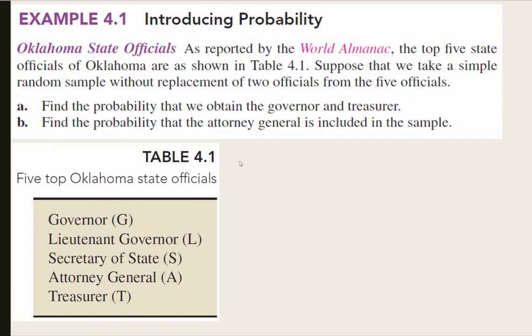If we take a random sample without replacement of two officials from the 5, what's the probability of obtaining a governor and a treasurer? We're going to use initials to form the sample space.